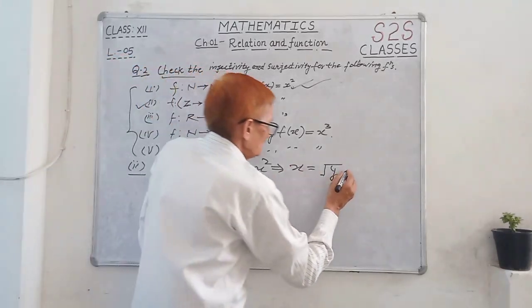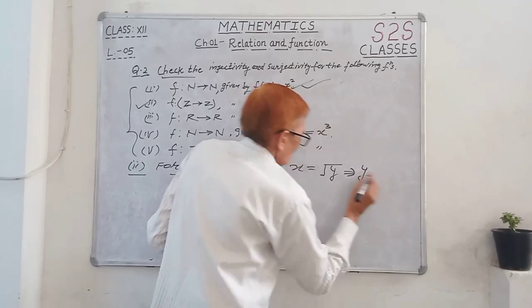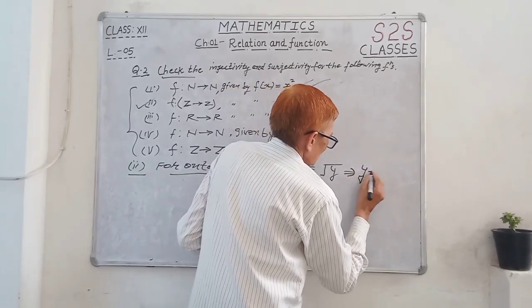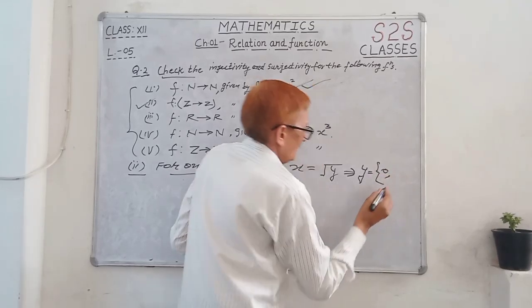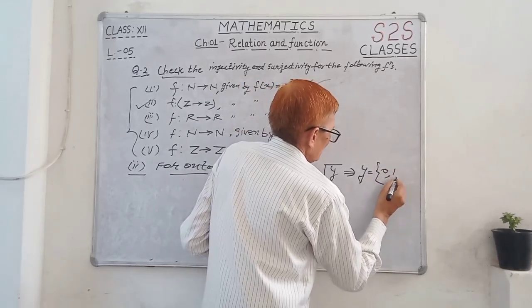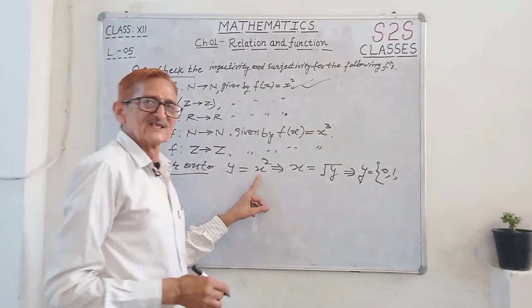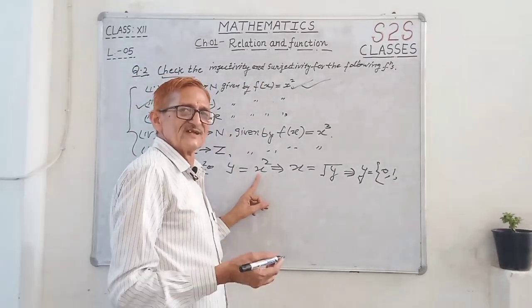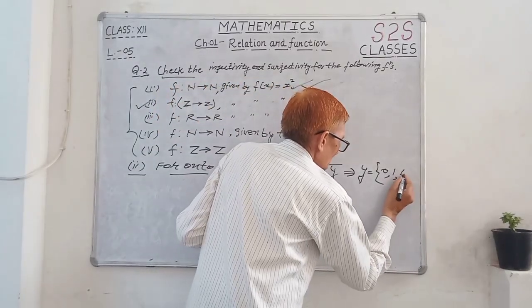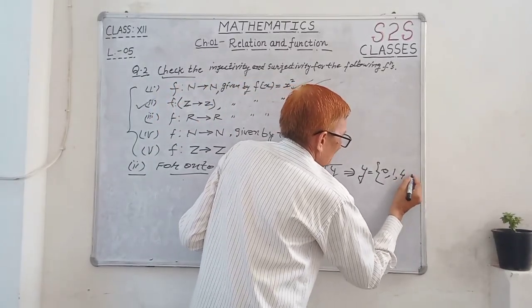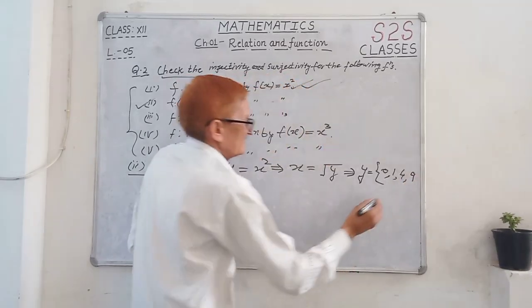So we can say this implies y is equal to 0, after that 1, then y is x square. So minus 1 square 1, 1 square 1, 2 square 4, minus 2 square also 4, then 3 square 9. So like this numbers will come, and so on.